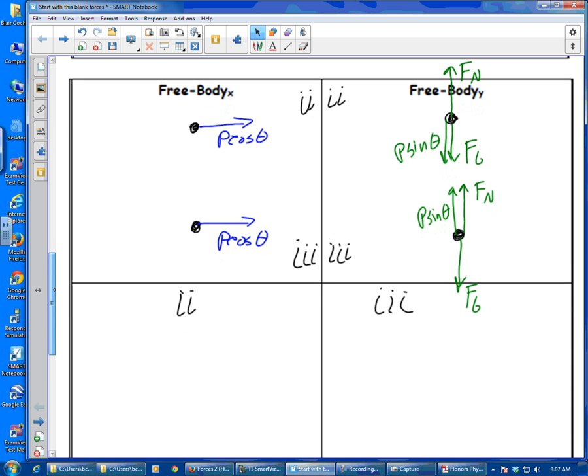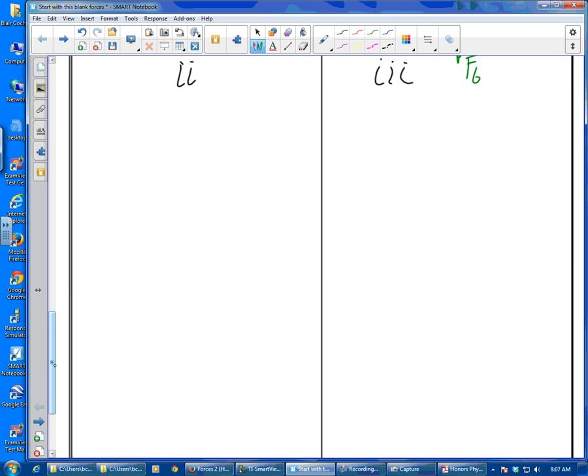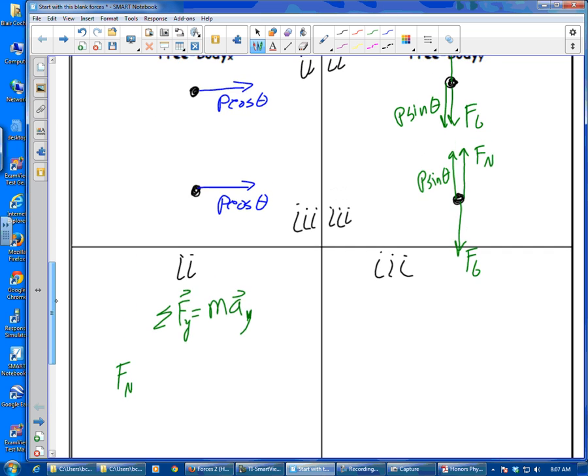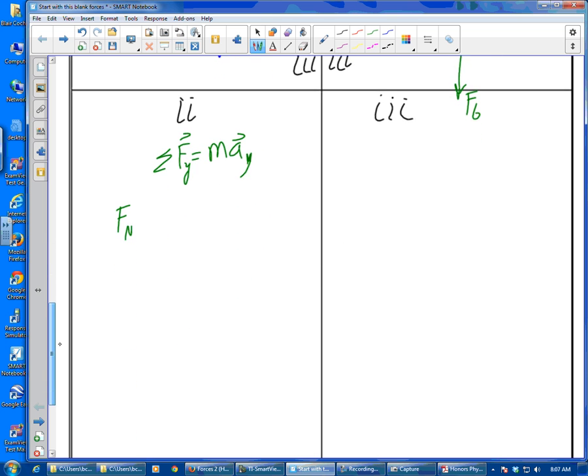And so I have my one equation, sum of the forces is MA, and in this case I'm in the Y direction. And I've got force normal in the positive, right? Everything else is in the negative.